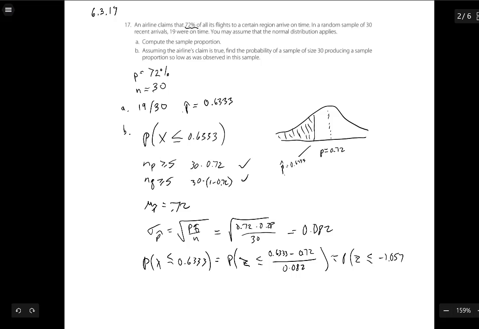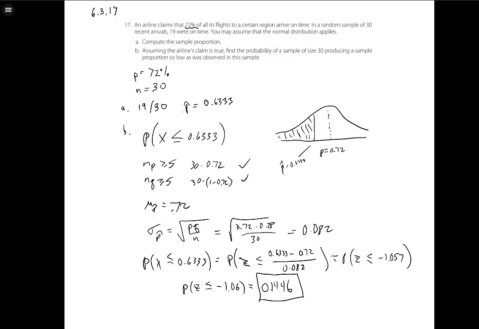So if we look in our standard normal chart, the closest one is going to be minus 1.06. And the probability of z less than or equal to minus 1.06 equals 0.1446. So there's B. So the probability of finding a sample size 30 producing a sample proportion so low, in other words, 0.6333 or lower, is going to be 0.14 or about 14%. There we go, number 17.